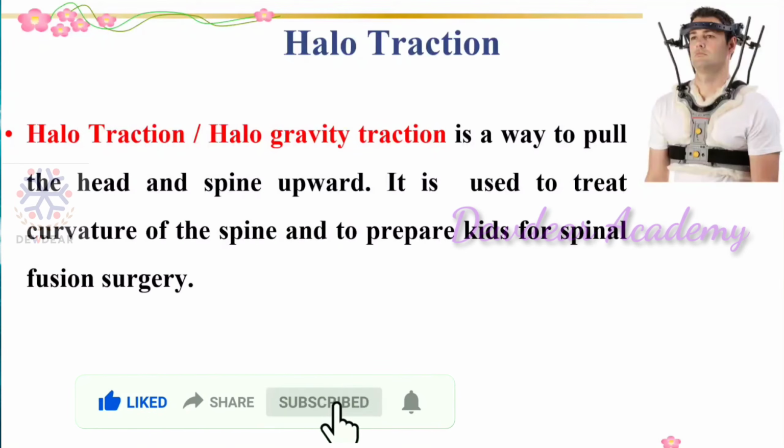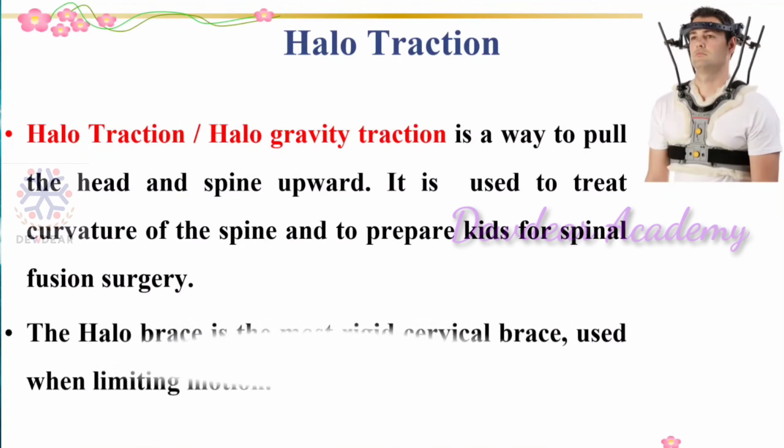It is used to treat the curvature of the spine and to prepare kids for spinal fusion surgery. The halo brace is the most rigid cervical brace used when limiting motion. Next question.